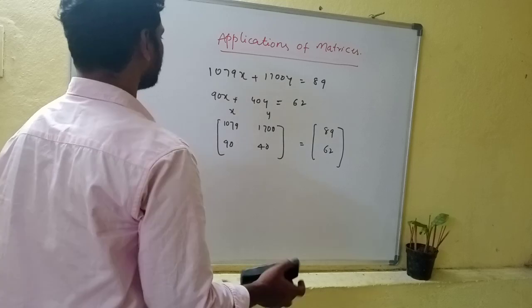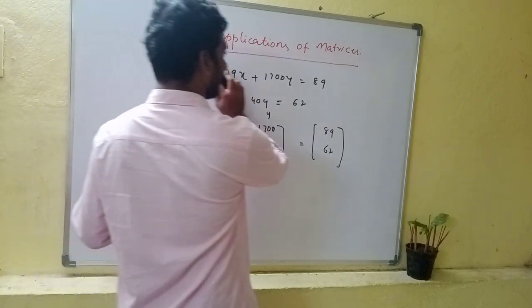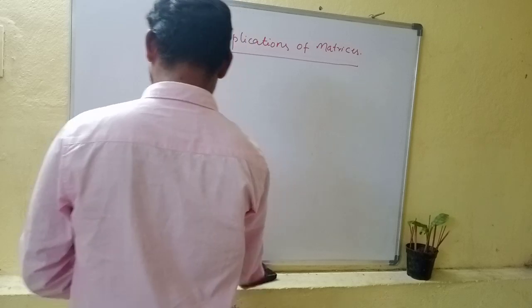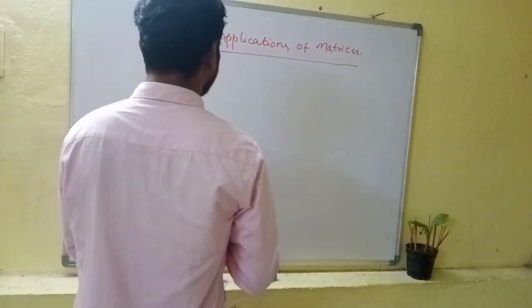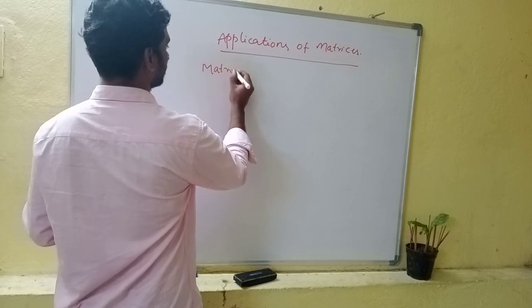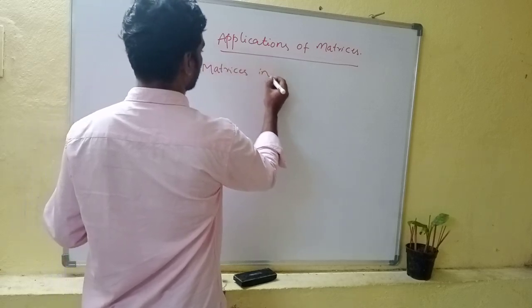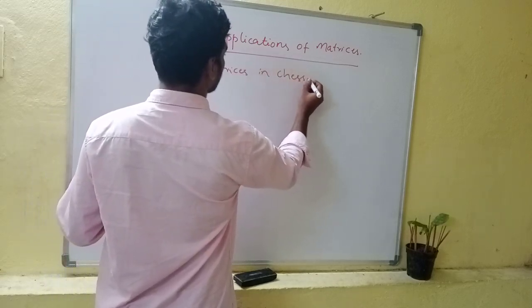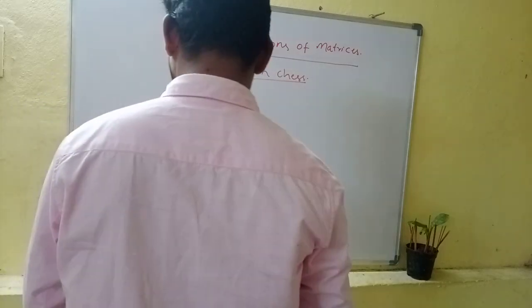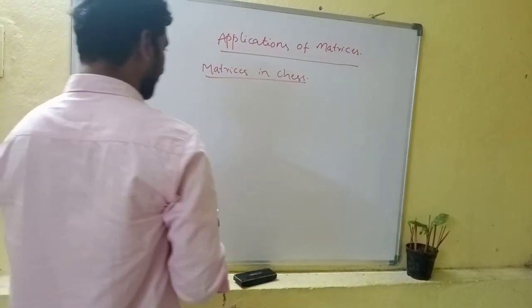Again, one lively example is playing chess. Matrices in chess. How can we say that? How is a chessboard designed?